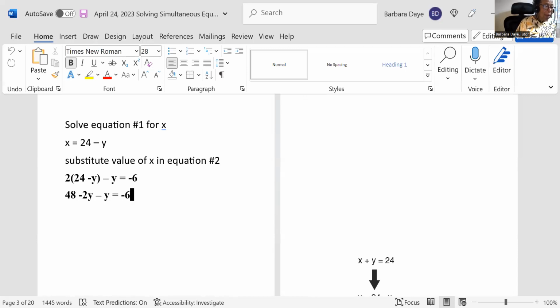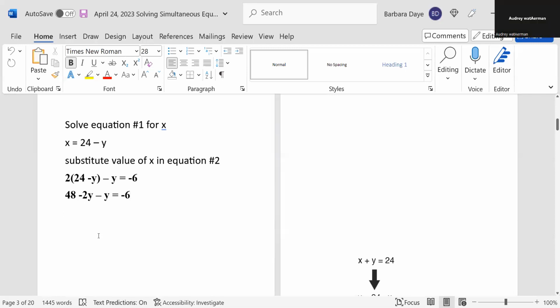Now, what else do we do, Mercedes? We want to solve for the y. So what do we do now? You're going to add 2y on both sides? You're going to add what? You've got your y's on the left side. You've got them all together.